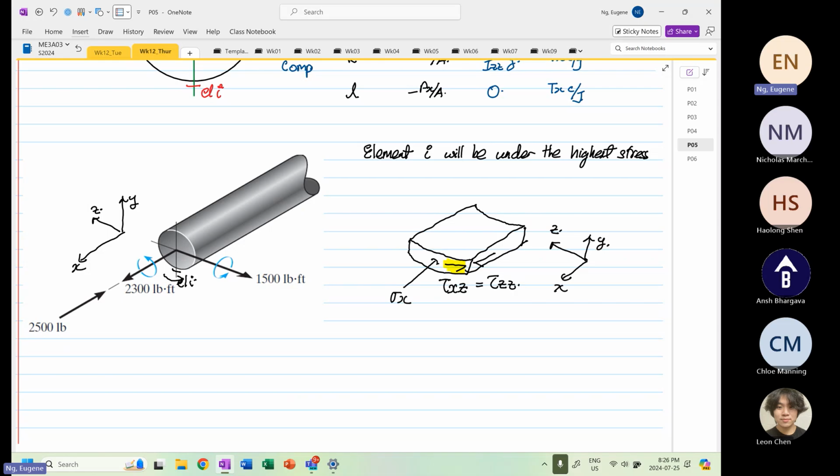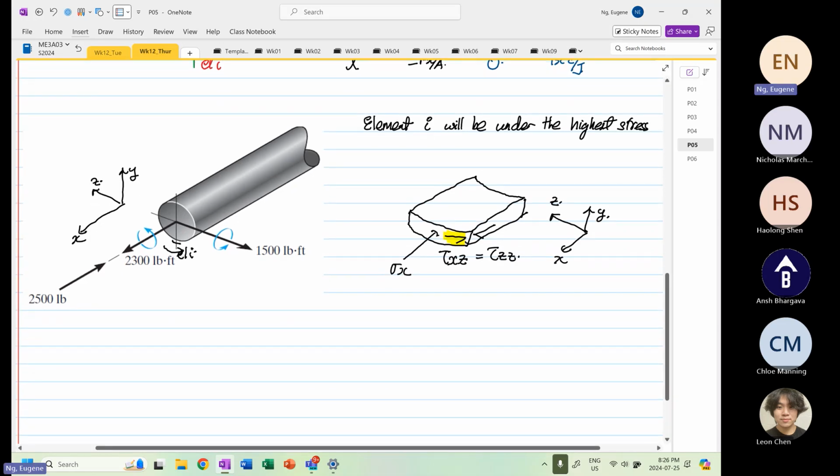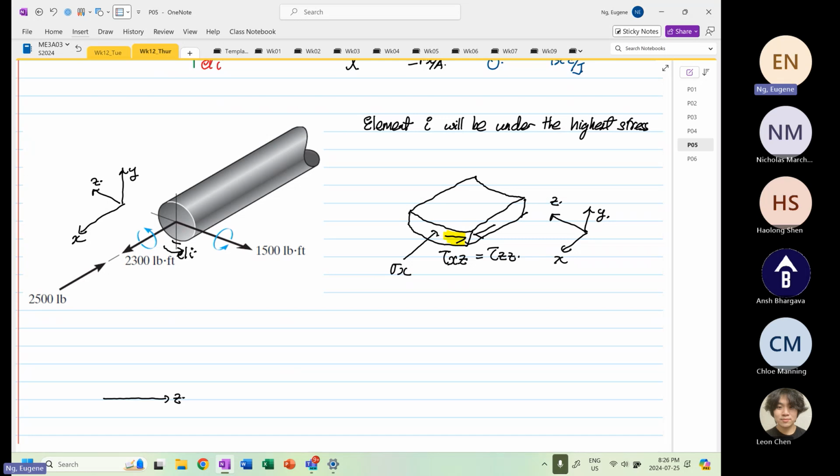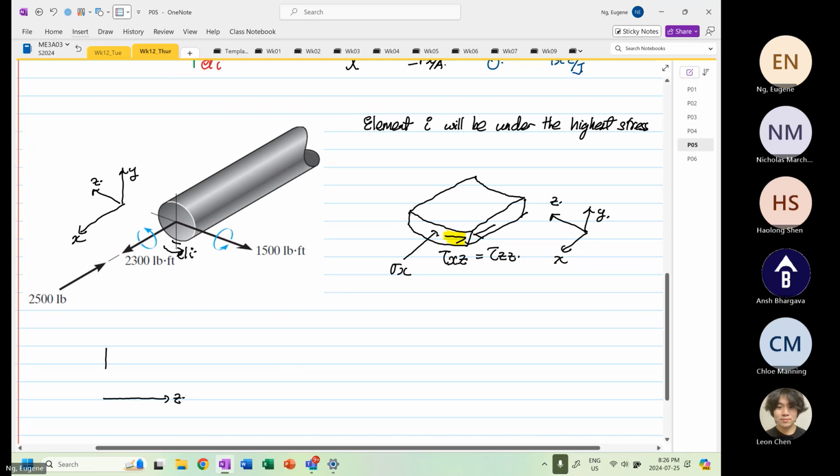What I'm going to do is rotate this element such that this is my Z, this is my X, and over here this is my Y. So this is what we are more familiar with.